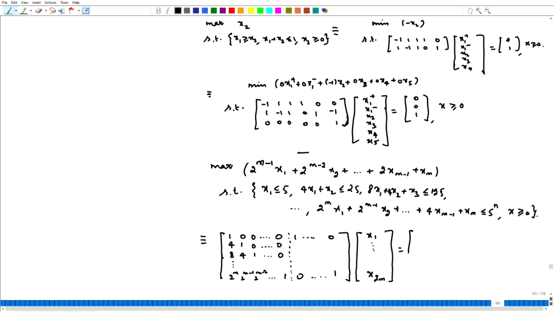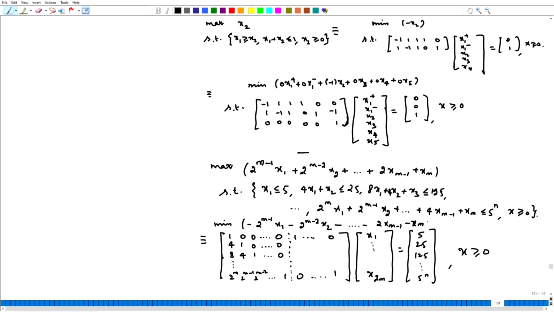And here you have 5, 25, 125, dot dot dot, 5 power m, and x greater than or equal to 0, right. I should have written the minimum at the top, so I will write that. This is the minimum of minus 2 power m minus 1 x 1 minus 2 power m minus 2 x 2 minus dot dot dot minus 2 x m minus 1 minus x m.